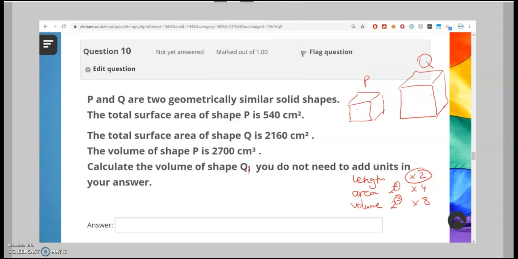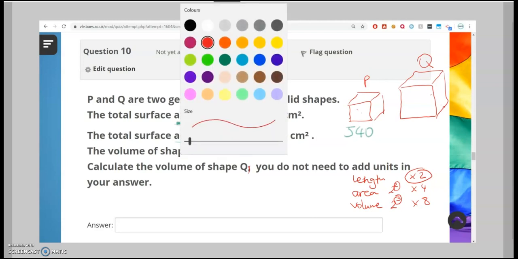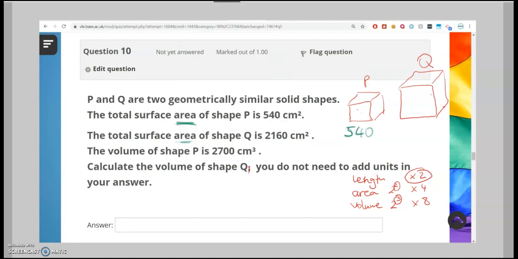And what we know is that the surface area, so the area of P is 540, and of Q is 2160. So if we find the scale factor for the surface area, then that's going to help us with the next steps, because we need to look at volume.